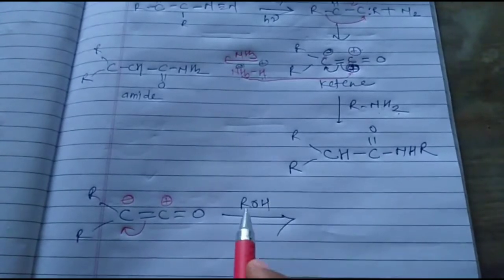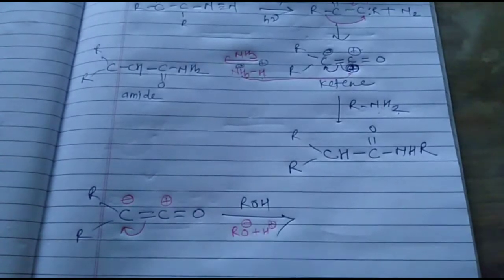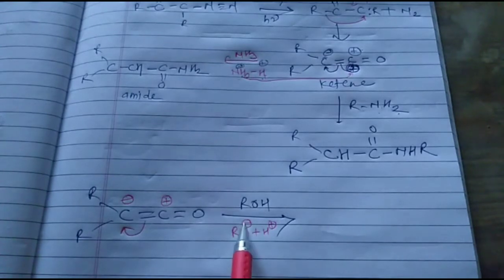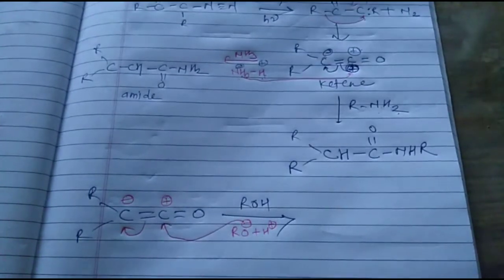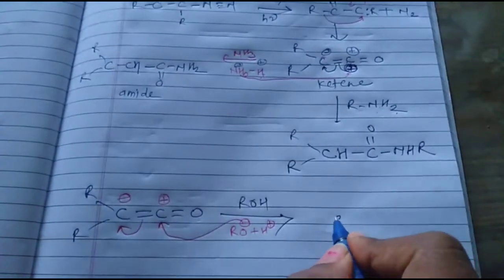It breaks as RO minus plus H plus. Then this RO minus attacks this carbocation, and this H plus is attacked by this carbanion.